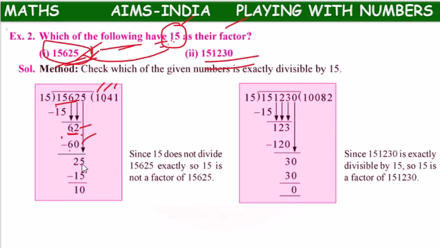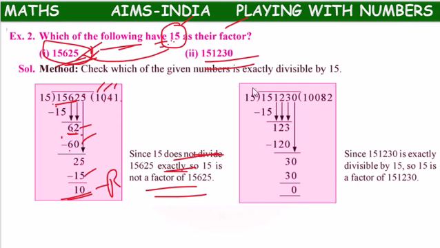Next we bring down 5, making 25. 15 one time is 15, so 10 is the remainder. So it does not divide exactly. 15 is not a factor of this number.